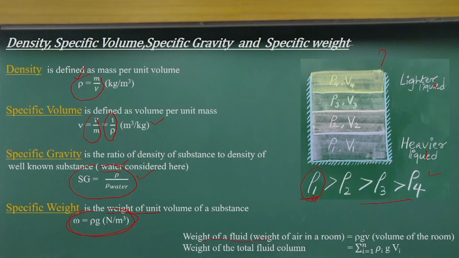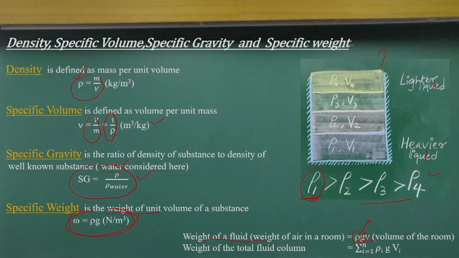And if I look at the weight of the fluid, it is the mass times the acceleration due to gravity. Very simple concept: density multiplied by volume gives the mass, and mass times the acceleration gives the gravity force, the weight acting on that fluid mass.